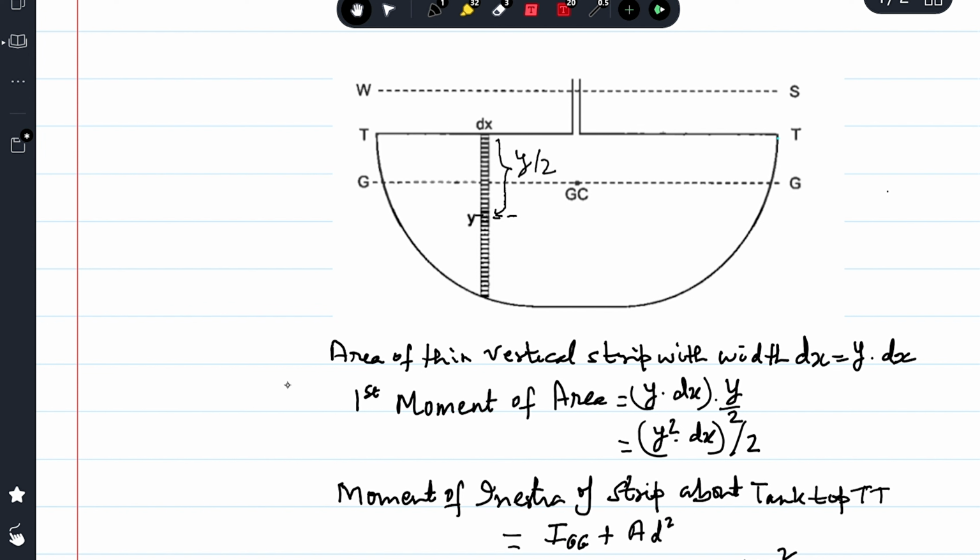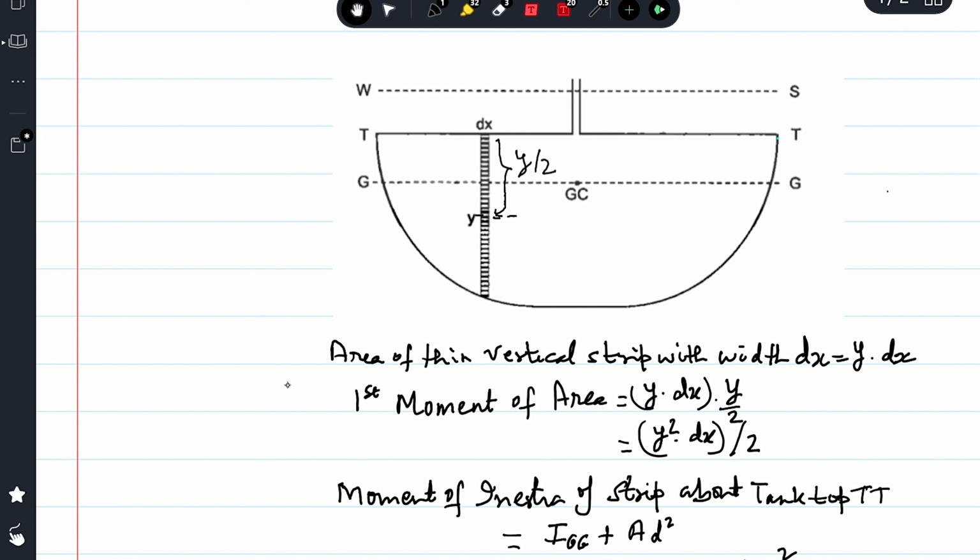From tank top to the centroid of this strip, the distance will be half of the length of the strip, because it's a very thin rectangle, and the centroid of a rectangle is halfway along its sides. So the length of the strip is y, and the centroid will be y by 2 from tank top.